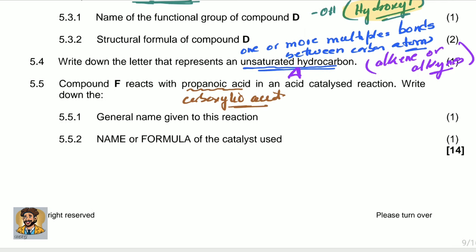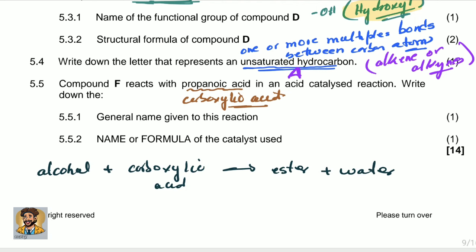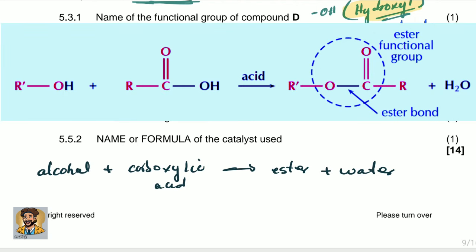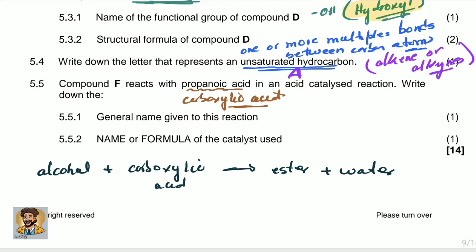Let's write down that reaction real fast here. This is the reaction we're talking about. Alcohol plus carboxylic acid. That reaction, you know, is going to give you ester plus water. That's the general name of this reaction. This reaction is the formation of an ester. Therefore, it's called esterification.